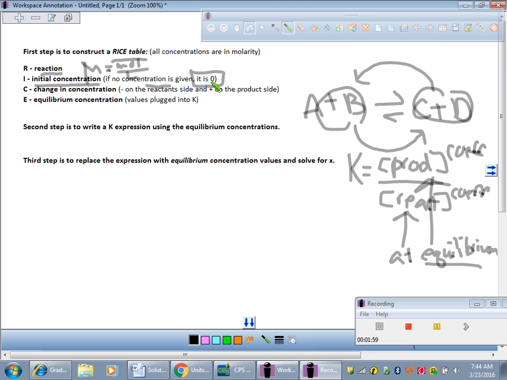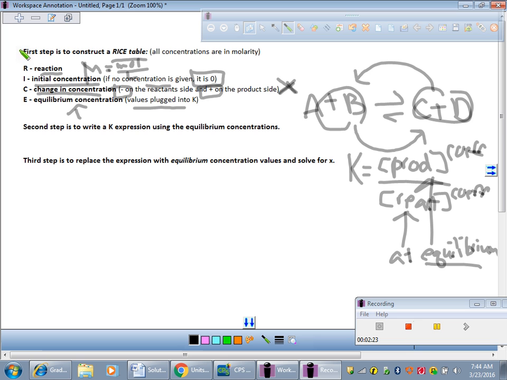Its concentration is 0. The C is the change in concentration, so you'll either subtract from the reactants or add to the product, and we will use X as our variable for change. E, equilibrium concentration, is what is the concentration once we are at equilibrium. Again, we can plug into K, and it is a concentration, so it's molarity.